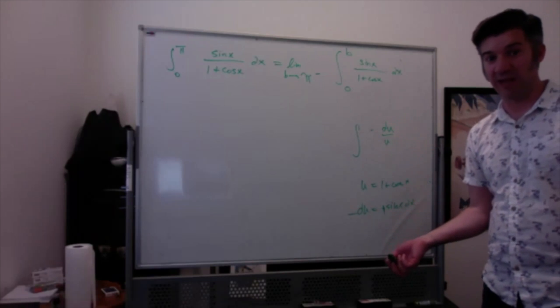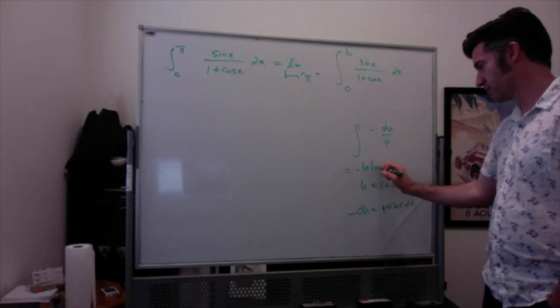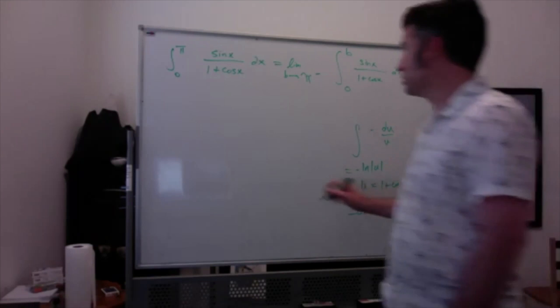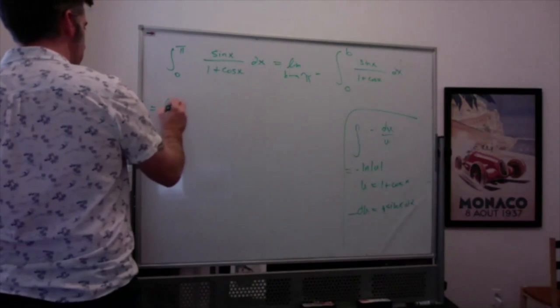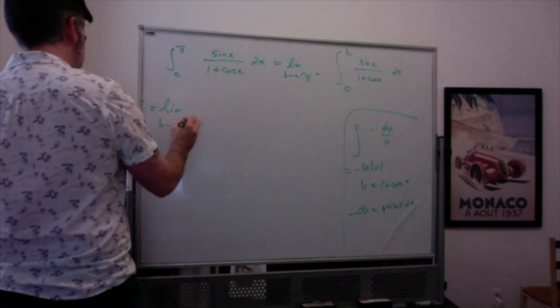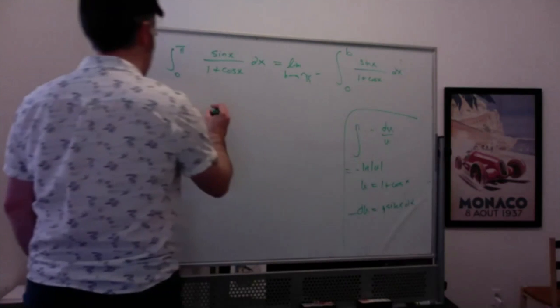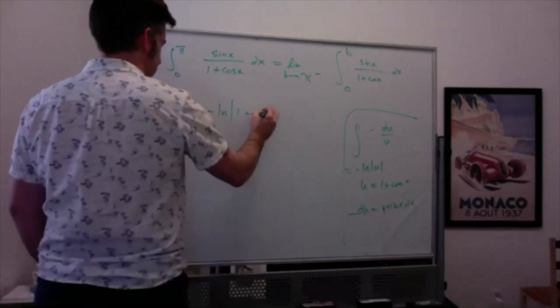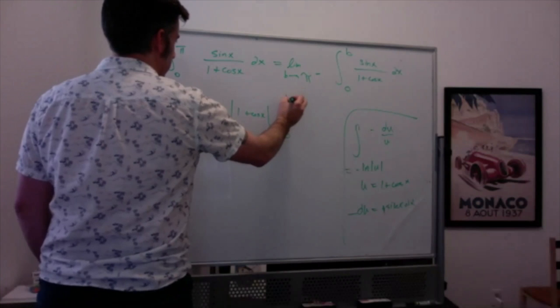It's going to be negative natural log of the absolute value of u, which is negative natural log of 1 plus cosine x. So this is going to equal the limit as b approaches pi from the left of negative natural log of the absolute value of 1 plus cosine of x from 0 to b.